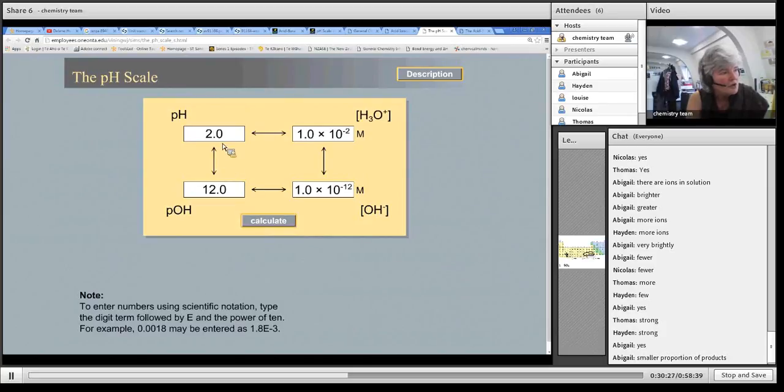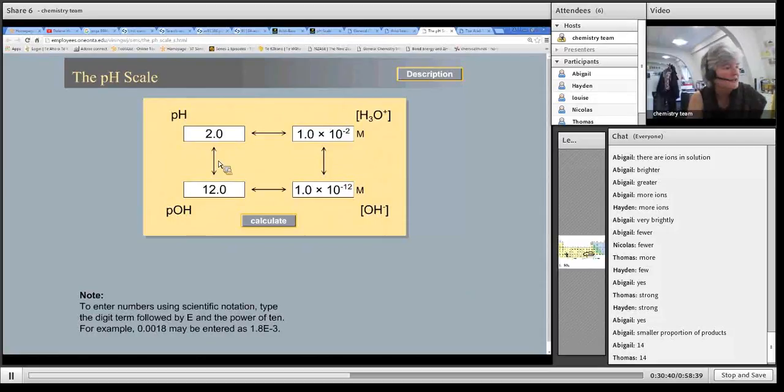Okay, notice what these add up to. 2 and 12 add up to 14. Okay, if I have this as being 5, and I calculate, 5 and 9 add up to 14.